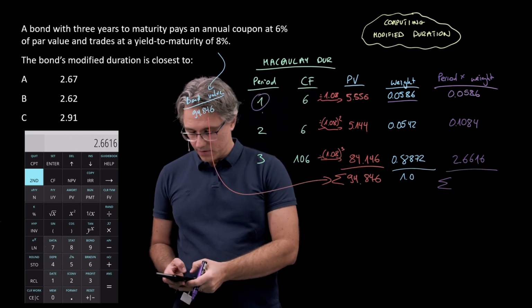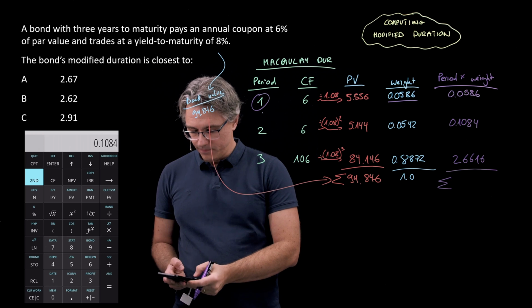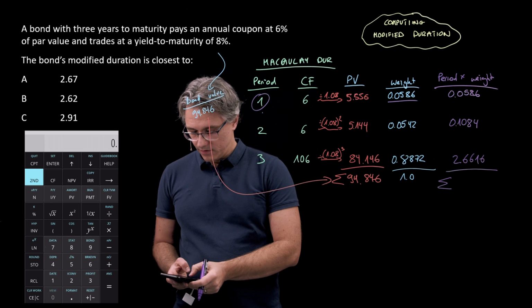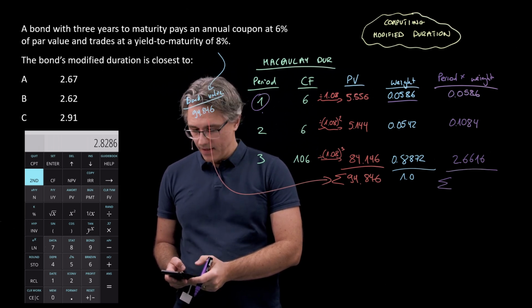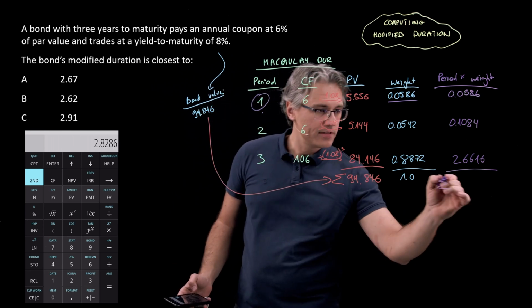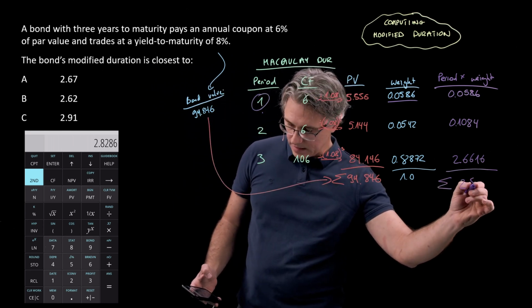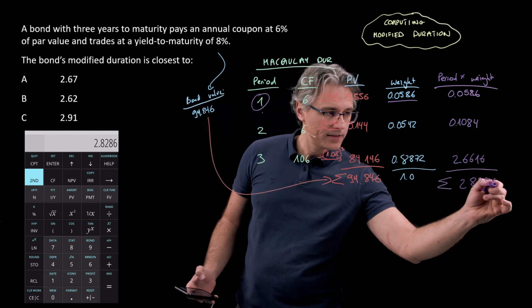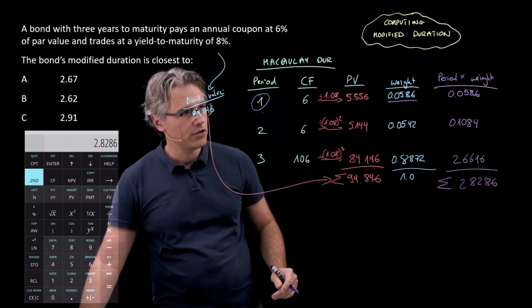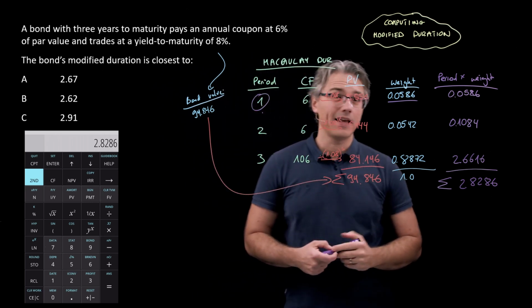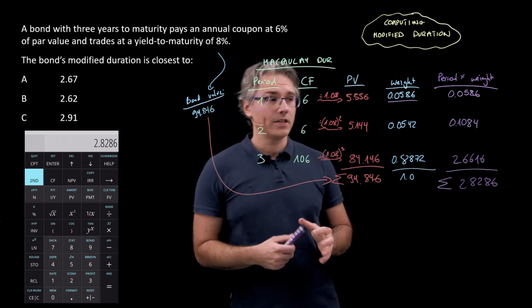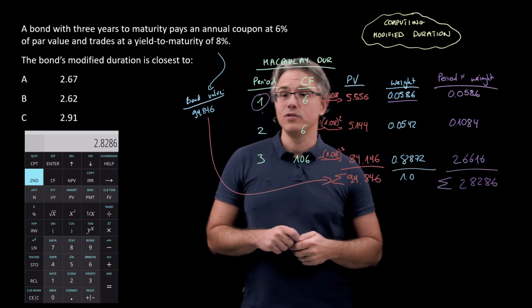Okay, now very importantly, we add these up. So this one plus 0.1084 plus 0.0586. And I see a result of 2.8286. Now, this is called Macaulay duration, and what it is showing us is the sort of weighted average in terms of the life of the bond.